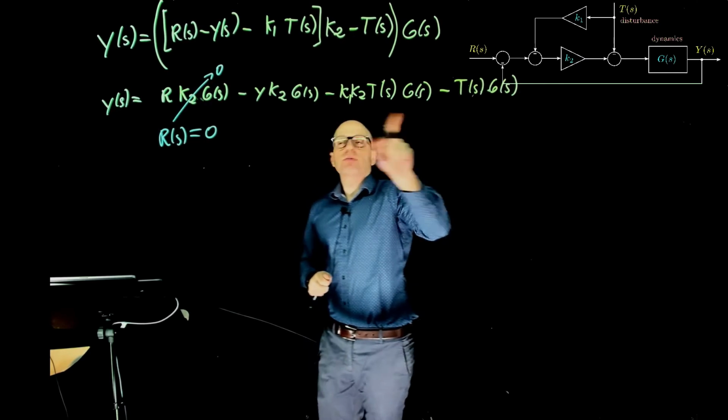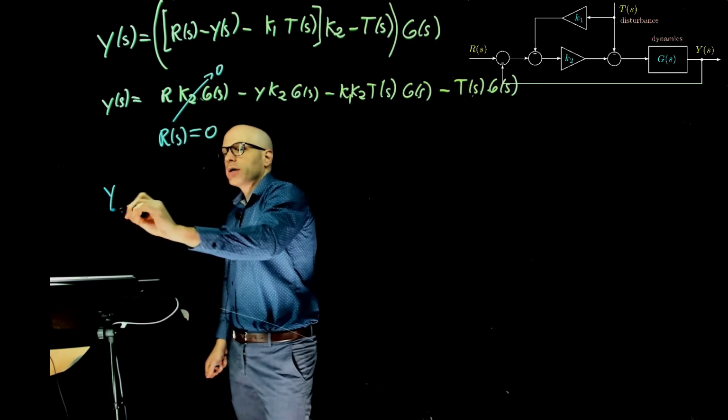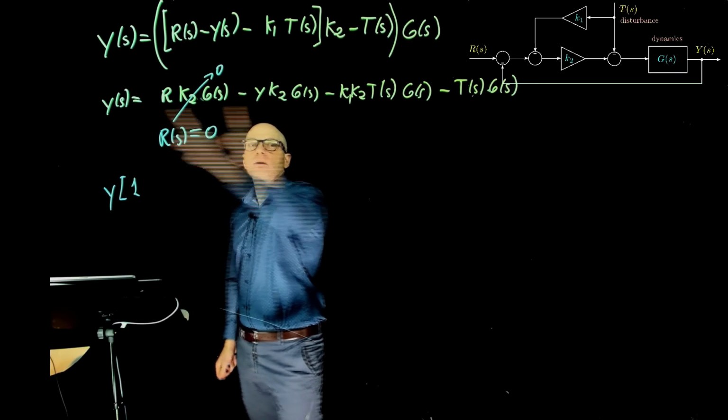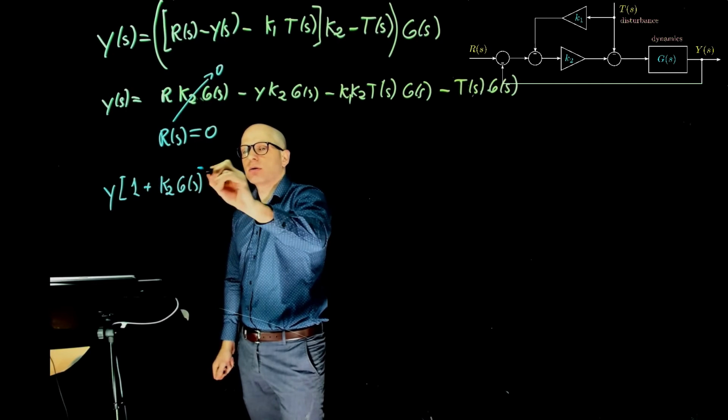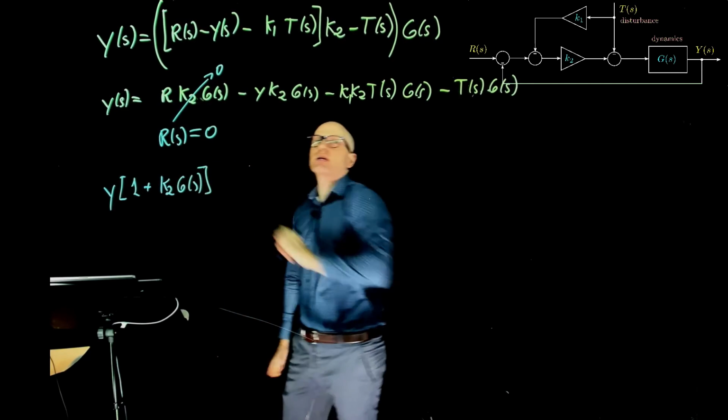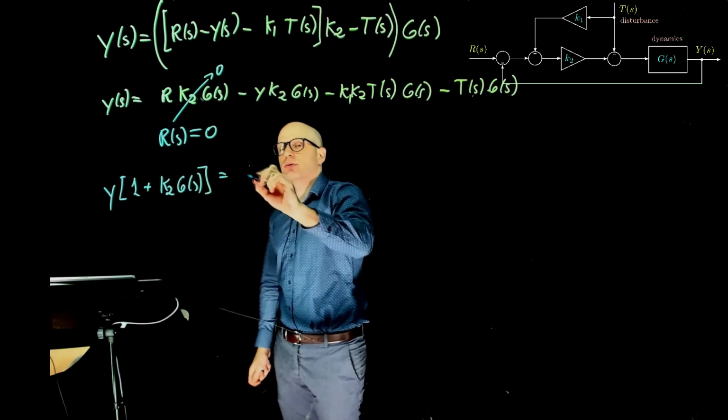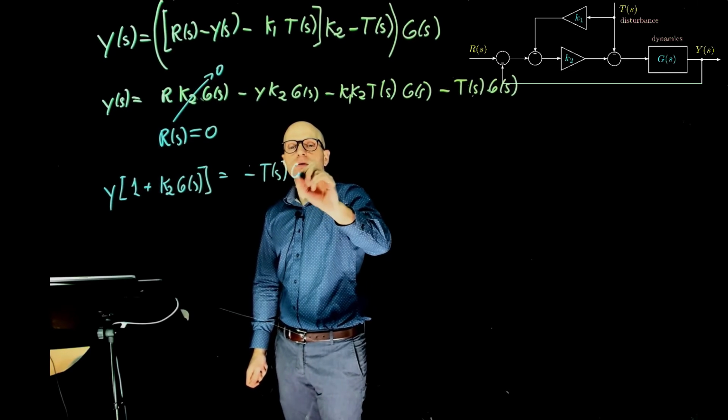So now you can factor out all y's here. y times 1 plus k2 g of s. I'm just moving this to the other side. Equals to negative t of s, g of s.